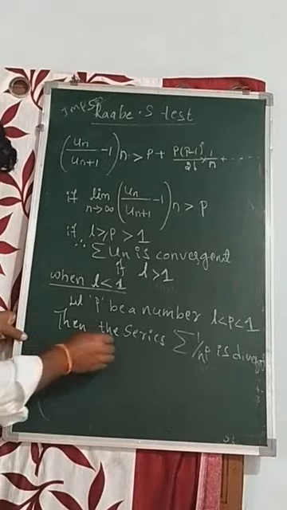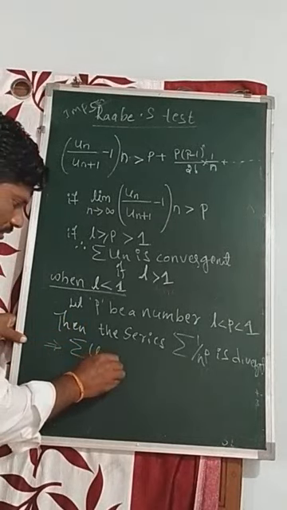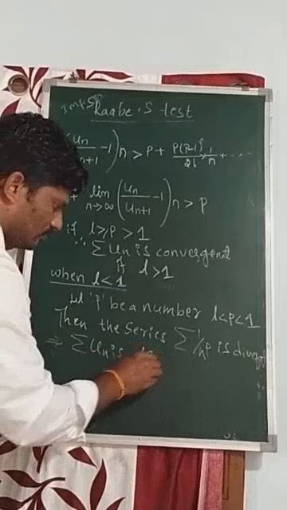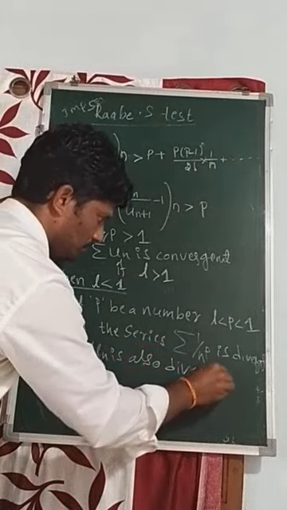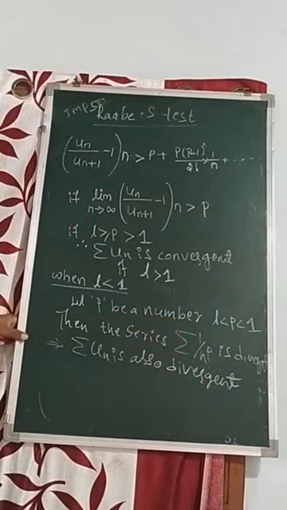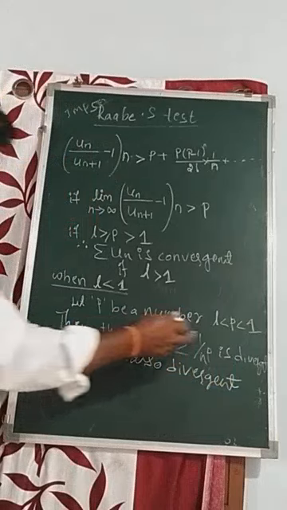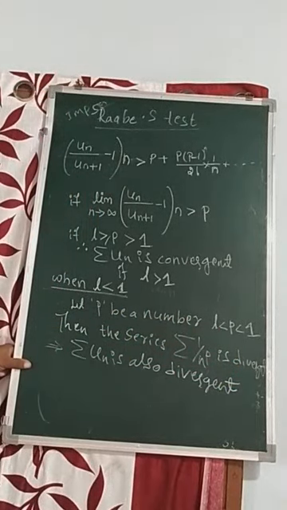This implies summation of un is also divergent, because summation of un is equal to summation of 1 by n raised to p, which is divergent.